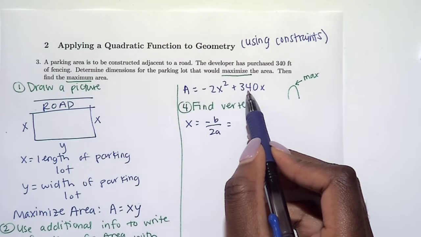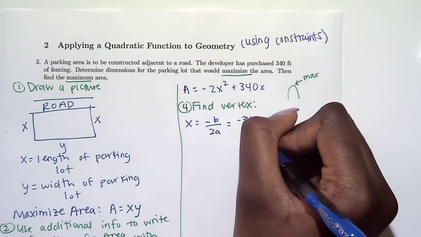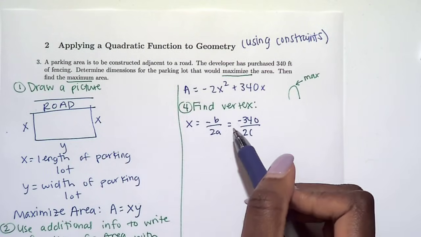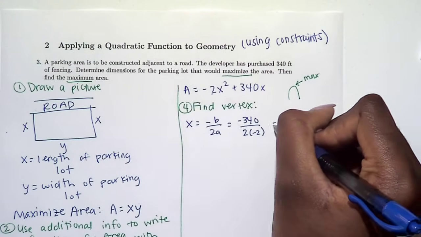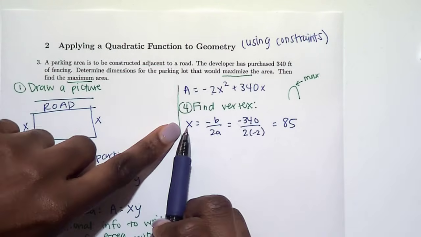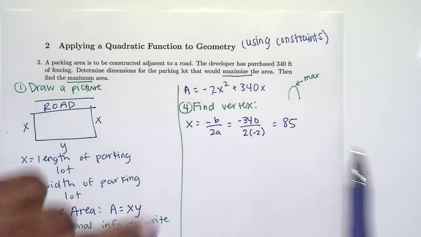So our b here is 340, and our a is negative 2. All right, so that simplifies to 85. So the x value that makes the area the biggest is 85.